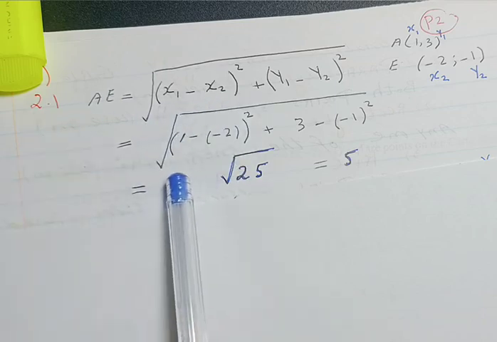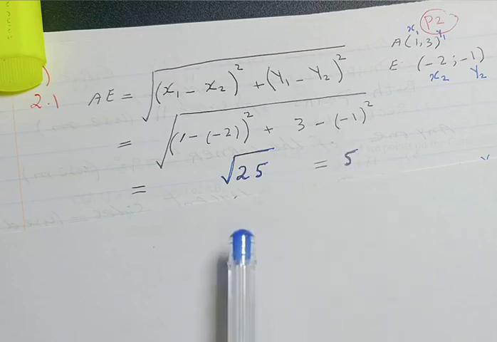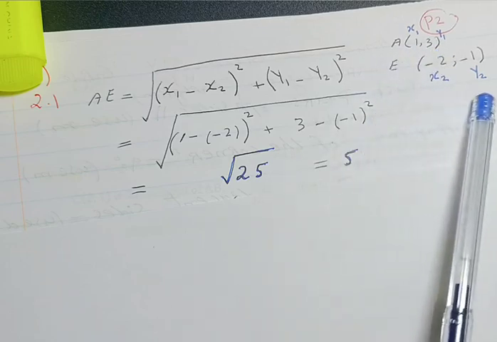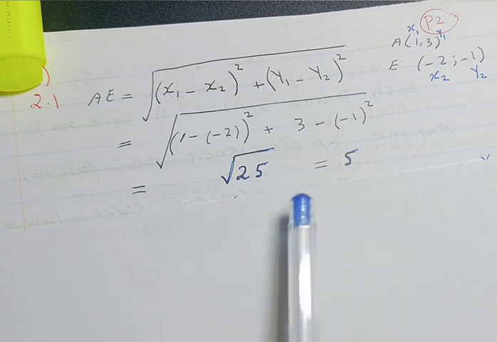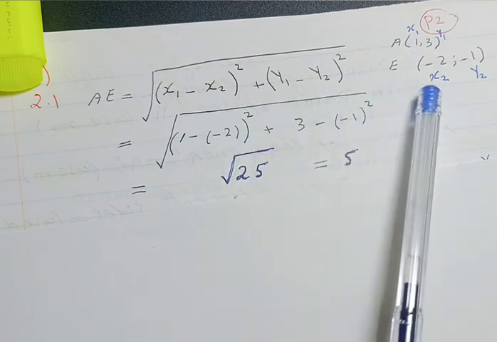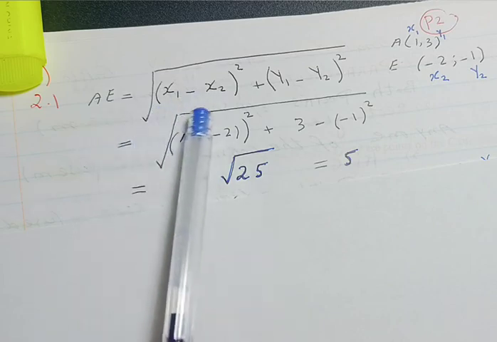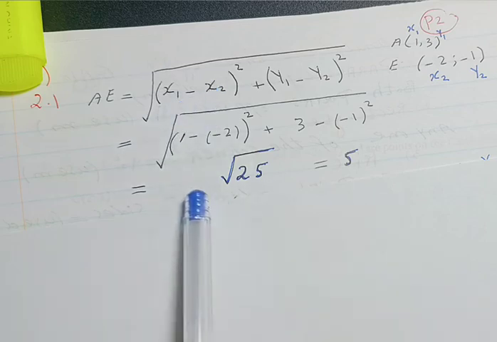After I apply the distance formula, these are the coordinates of A and E. This is my x1, y1, x2, and y2. Minus becomes positive, or you can switch around. So my answer is going to be 5 units.